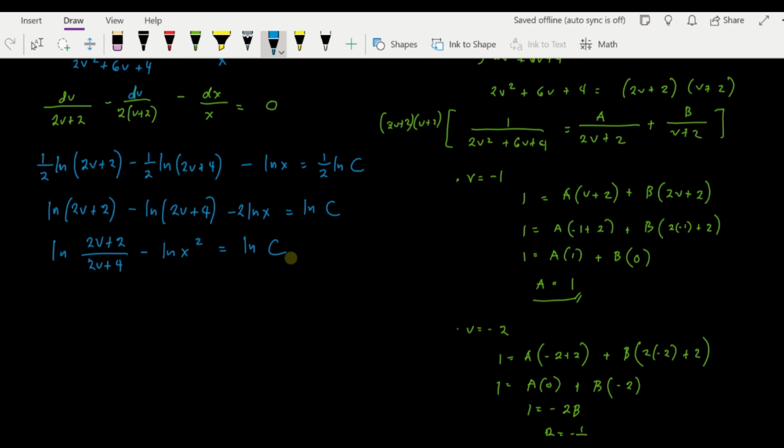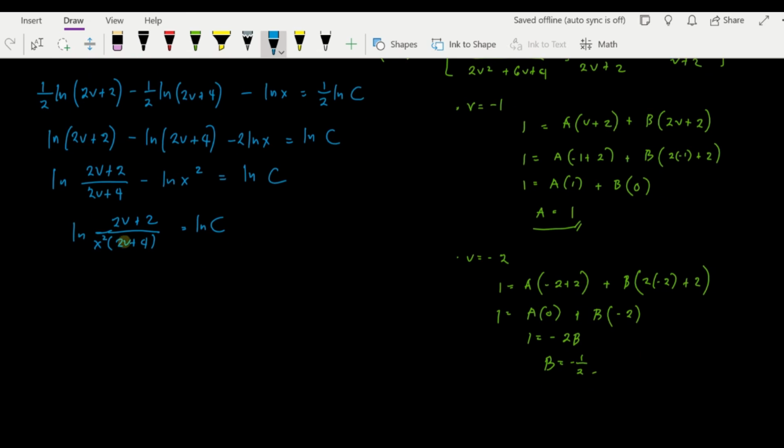Okay, so anong next na mangyayari dito? Division na naman. So, ito magiging ln of 2v plus 2 all over 2v plus 4, pero i-divide mo sa x squared. So, sa denominator siya mapupunta. So, yan. Times x squared yung denominator, equals ln of c.